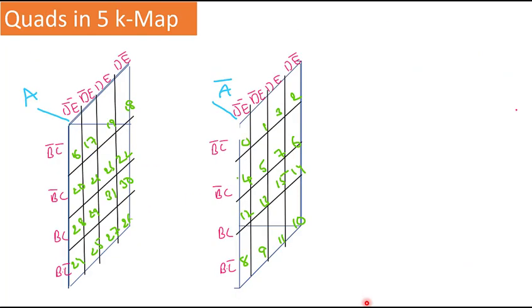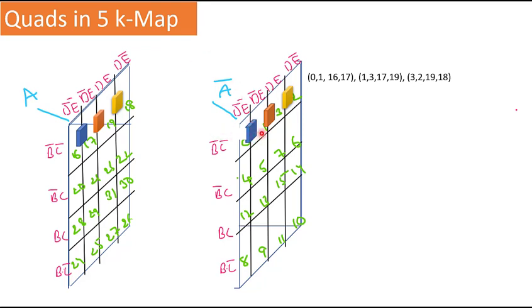Now coming to the quads in 5 variable K-map. If you look at here, your 15, 17 and 0, 1, these two are parallel to each other. Suppose if you are having one here and one here, you can have these two as a quad. That means you are having 2 cells here, 2 cells here, total 4 cells. The 4 cells will be equivalent to a quad. So when you form a quad, you are going to eliminate 2 literals. If you look at here, when you form the quad, your a bar, a is getting complemented, that means you are going to eliminate the a.